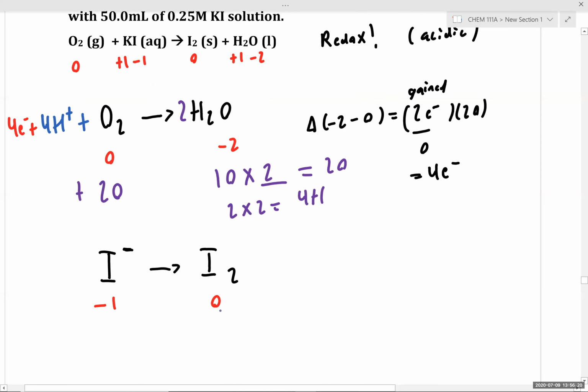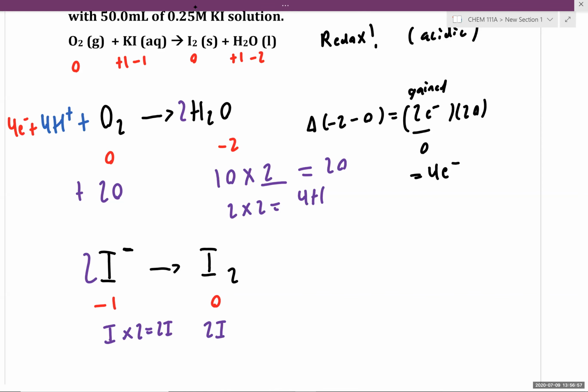Do we have the same number of iodine atoms on each side of our equation? So we clearly have different numbers of iodine atoms on each side. We have 2 iodines on the right, we have 1 iodine on the left. 1 times 2 gives us 2.